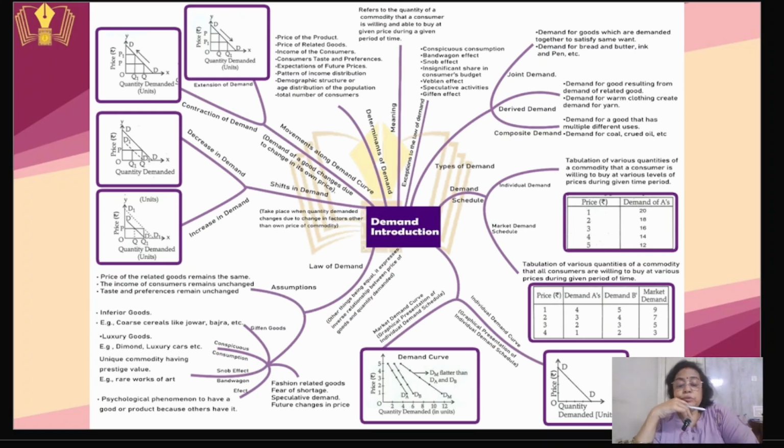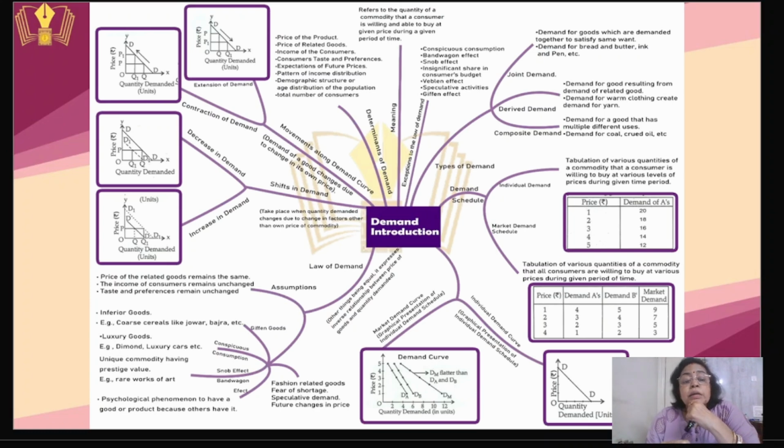Law of demand, when we go, we have to first of all find out what are the determinants of demand. That means demand can depend on various factors. The first factor given over here is price of the product, price of the related goods, income of the consumers, consumers' taste and preferences, expectations of future prices. These are the ones for individual demand.